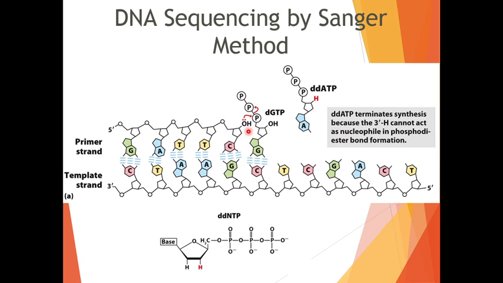That is the hydroxyl that attacks the phosphate and makes a covalent bond like this. So in a ddATP, that hydroxyl is absent. So ddATP terminates synthesis because the 3' hydrogen cannot act as a nucleophile in phosphodiester bond formation. And so how can this be utilized to sequence?